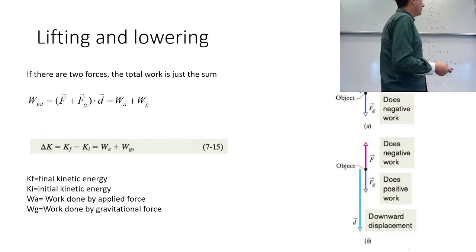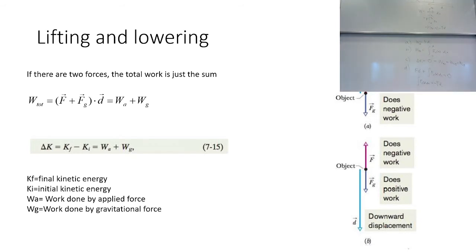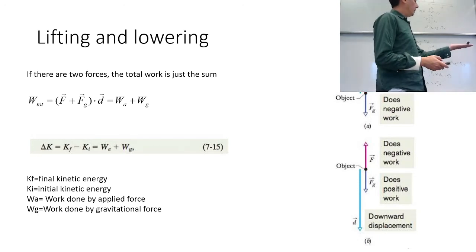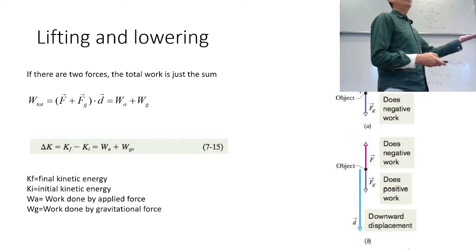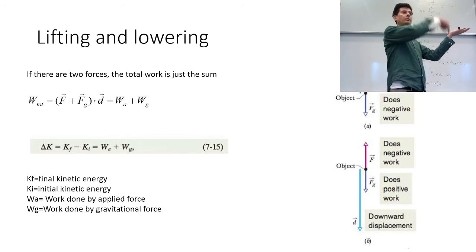Okay, so that was throwing something in the air. What about lifting something? If I'm lifting something, then there's actually two forces on it. There's the force from my hand pushing it up, and there's also a force of gravity always down, right?